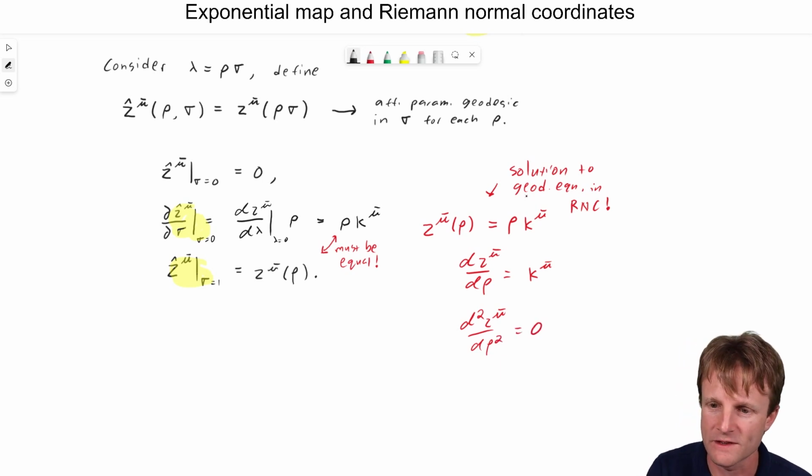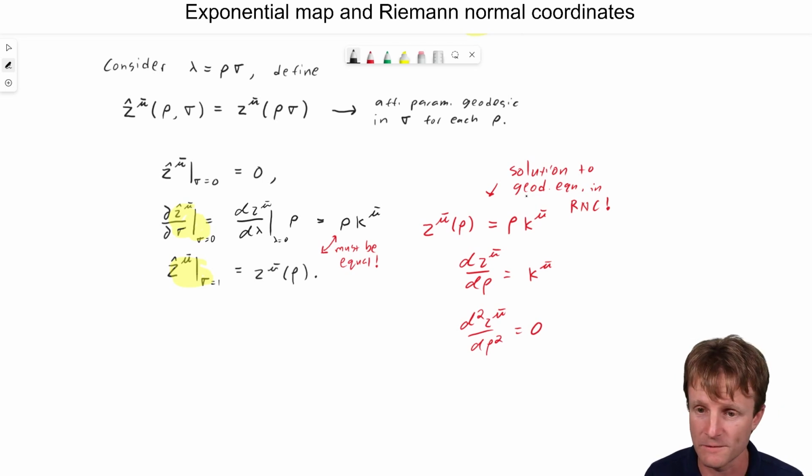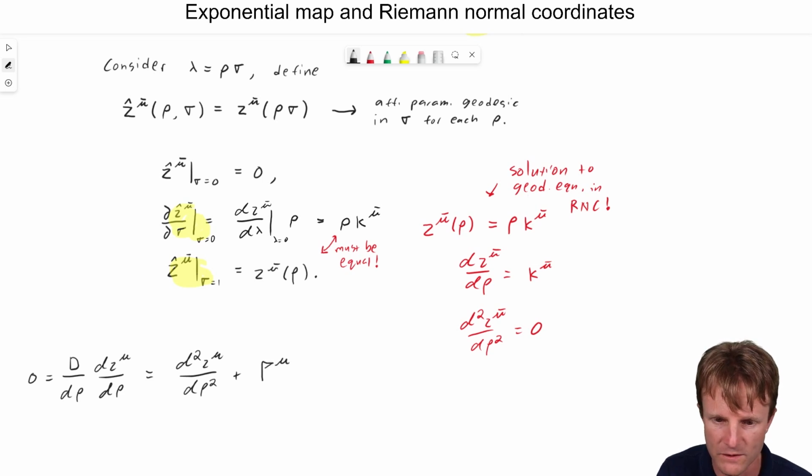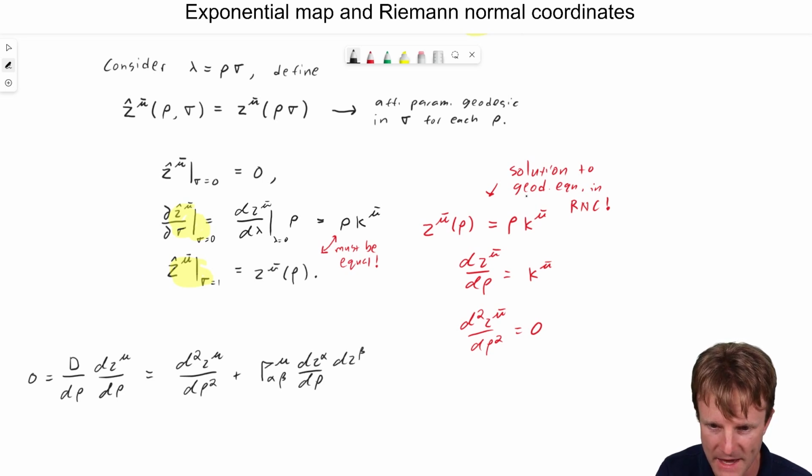And we can use these conditions in the more general form of the affinely parametrized geodesic equation, that capital D by d rho dz mu d rho is equal to 0. And we can expand these out in terms of the Christoffel symbols to get d2 z mu d rho squared plus Christoffel mu alpha beta dz alpha d rho dz beta d rho.